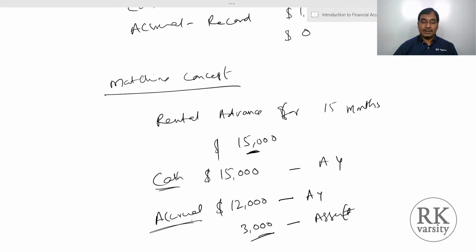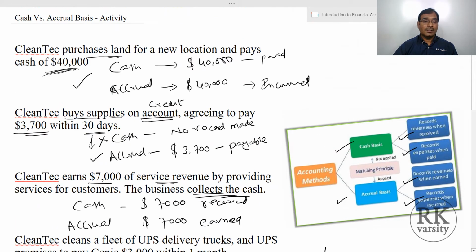So this is the core idea of cash versus accrual basis, and I guess you got some understanding of the differences between cash and accrual basis, and when a record is to be made in each. So in future, when you are preparing your journal entries, ledgers or financial statements, you have to keep in mind that we are preparing accounts based on accrual basis, and the treatment of revenue and expenditure should be accordingly.